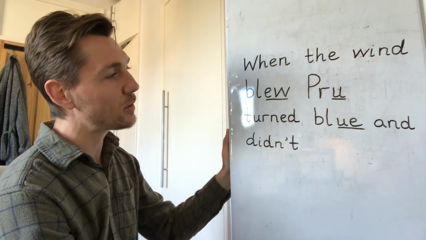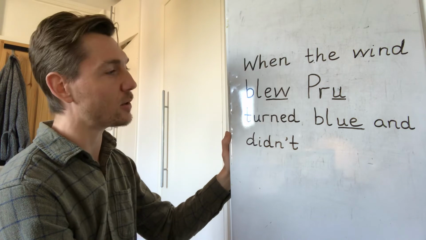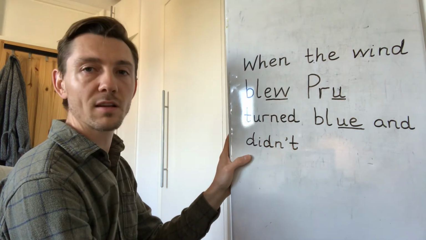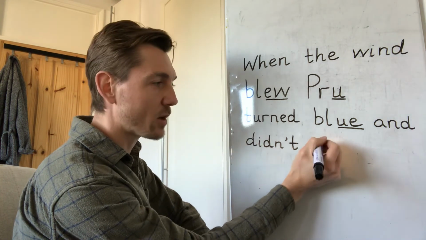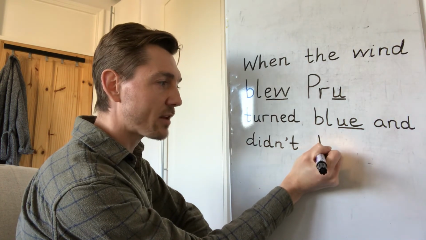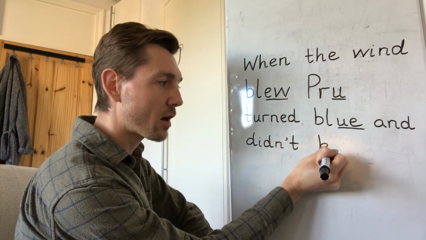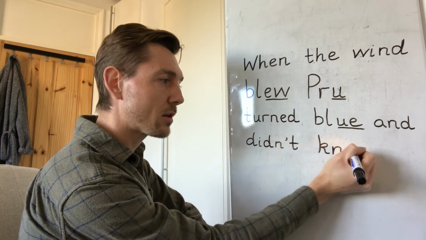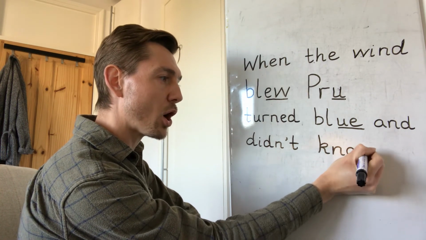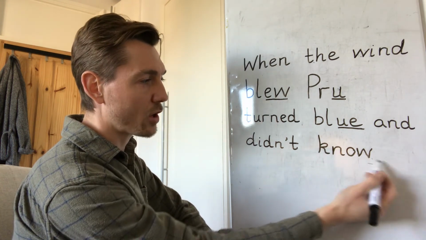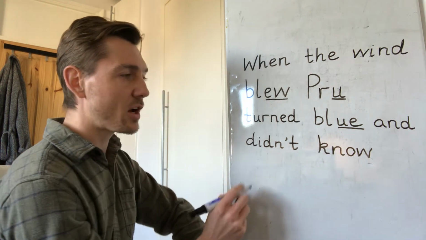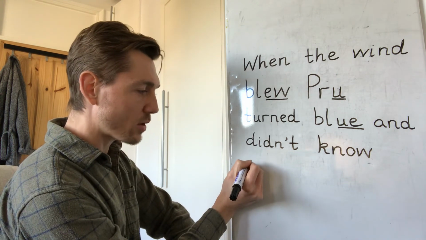When the wind blew, Prue turned blue and didn't know. So say the sounds and write the word know, and check that you've got the same as I have. N, O. N, O, no. And didn't know what.